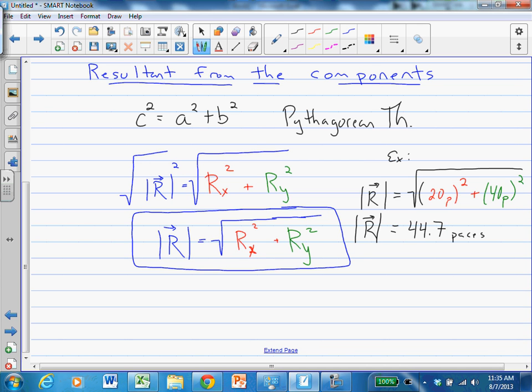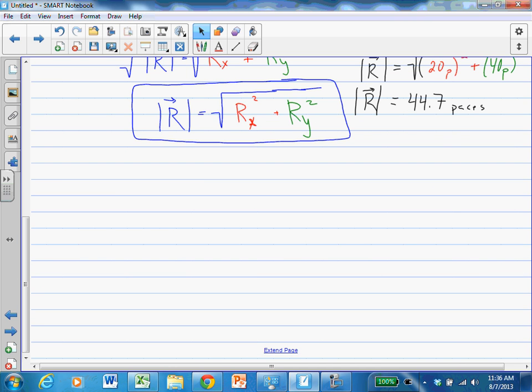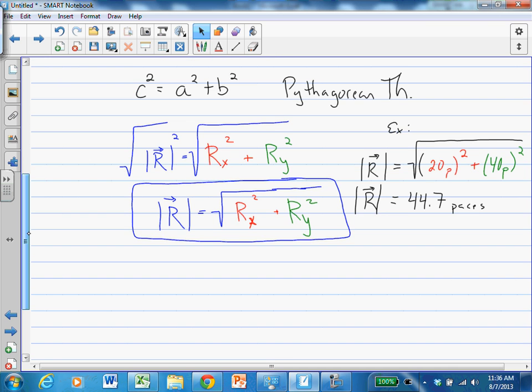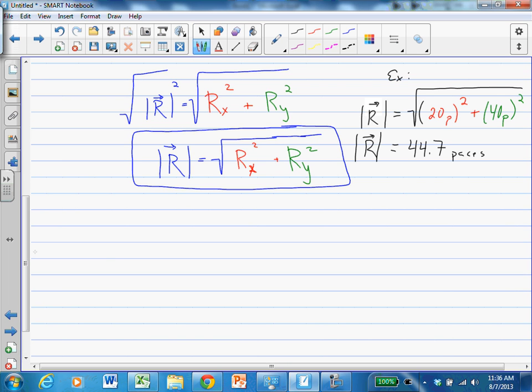Now, it can be noted that you could have a bunch of Rx's when you're summing these. And if that's the case, so if you have multiple Rx's, like this one, that one, even some others in the other direction, okay? And you have multiple Ry's, like that, we can sum all of those together first.